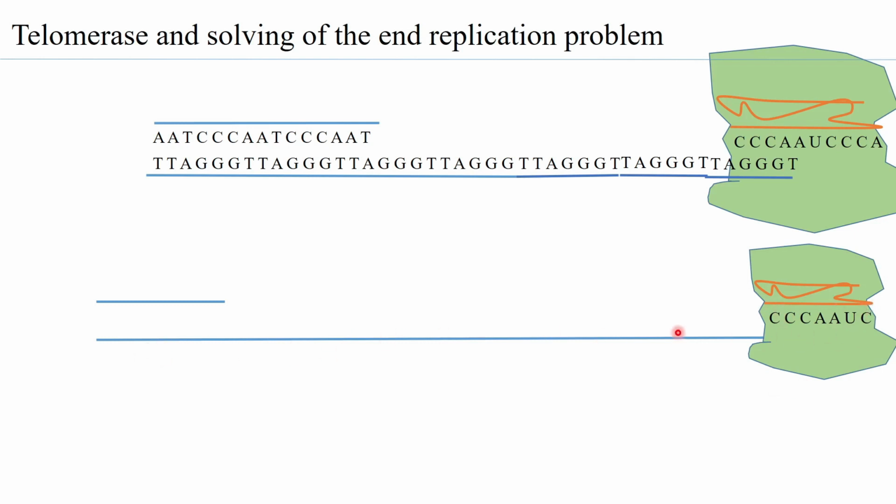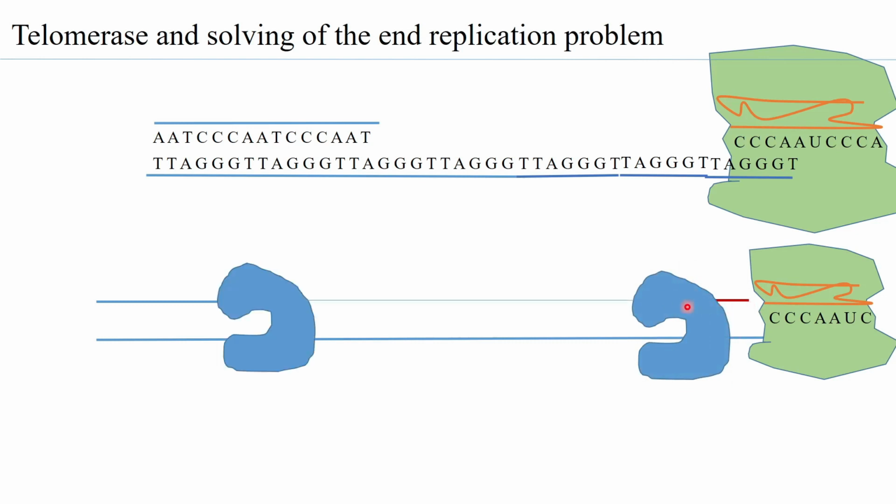Now once you have a sufficient amount of telomere formed, you would have a primase add an RNA primer, and using the 3' OH of this RNA primer, a DNA polymerase will again synthesize the complementary DNA. So where the DNA had ended over here, now you can see a further stretch of DNA synthesis thanks to the telomerase being able to extend the strand.